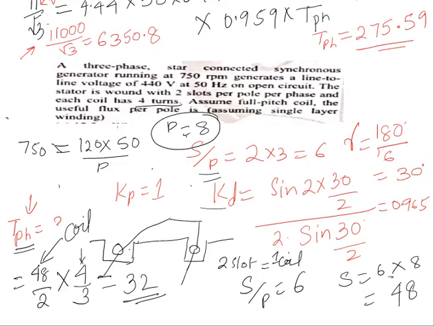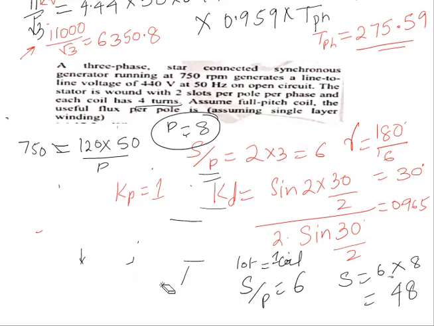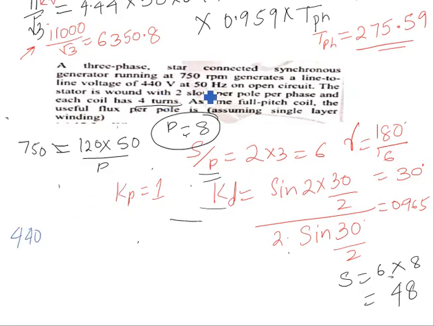Now next, what do you have to do? You have to just put in the values. We have calculated the number of turns, and now you have to put the values again into the same formula, E is equal to 4.44. Now if you check here, E is 440 volts. It is a line to line voltage. So to go for phase voltage, line to line divided by root 3, equal to 4.44 f, f is 50.